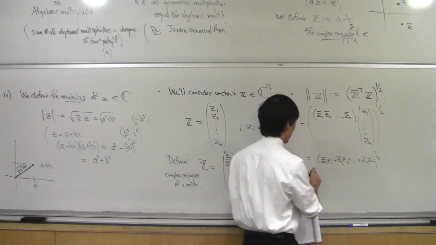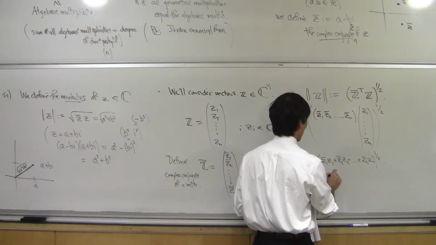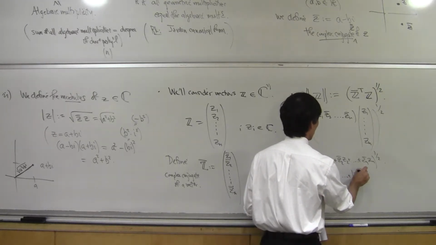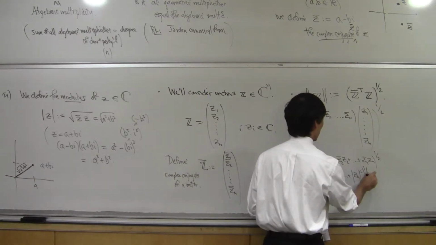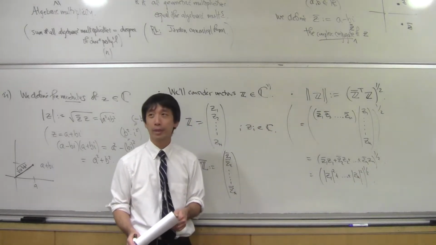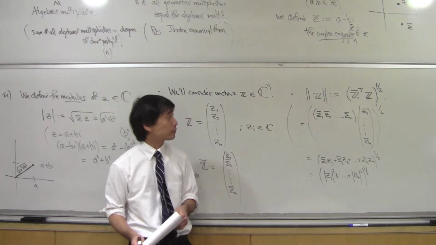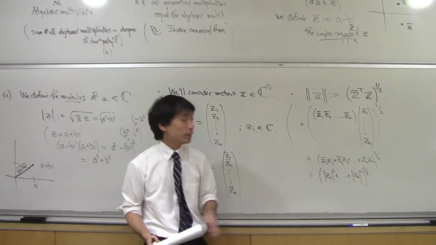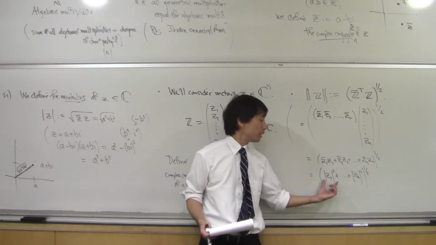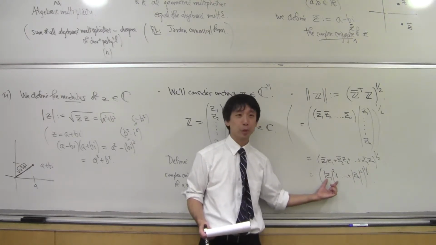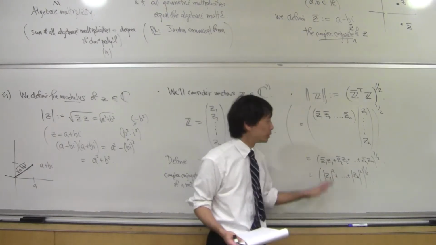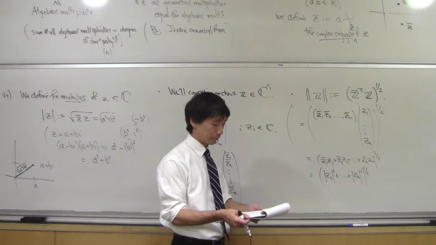That's the same thing as the sum of the moduli squared, everything to the 1/2. So it's just like in the real case. You take the absolute values of the entries, square them, sum them, and take the square root of that. It's just done with complex numbers now.